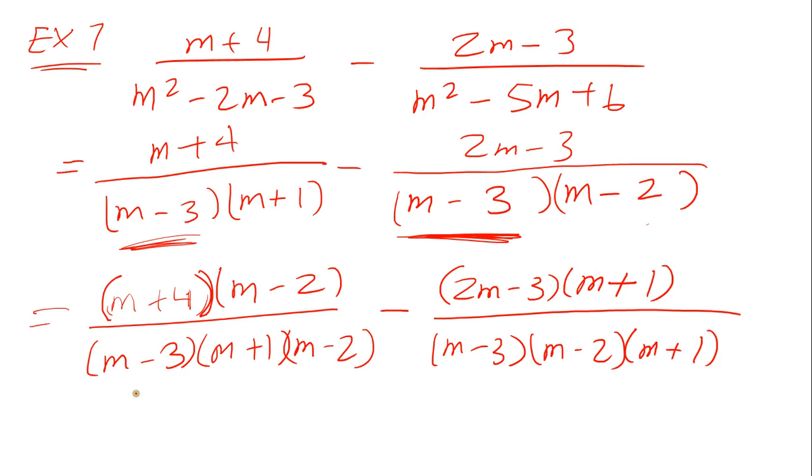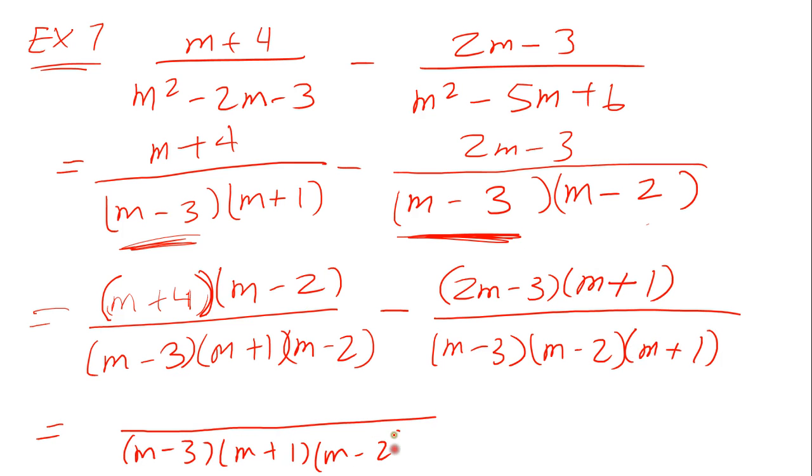It's just 1. The ratio gives me 1, so now I have all this over a common denominator of m minus 3, m plus 1, m minus 2.